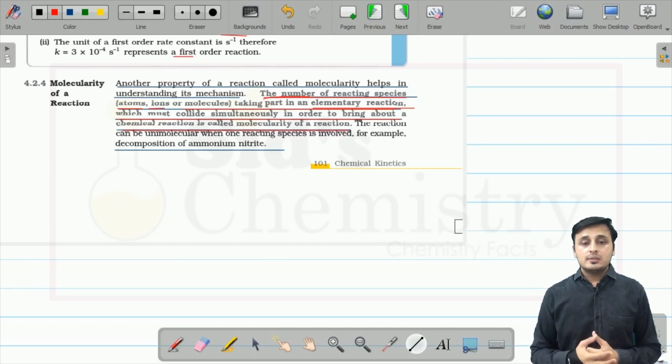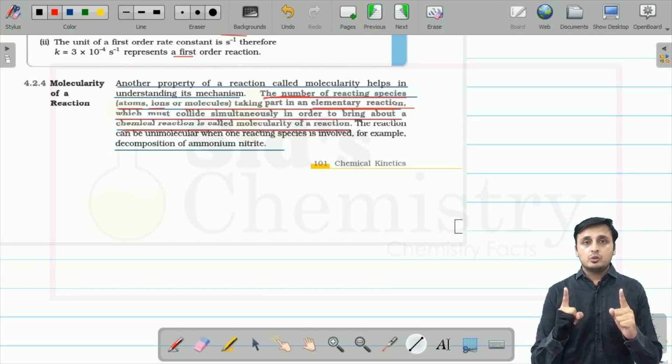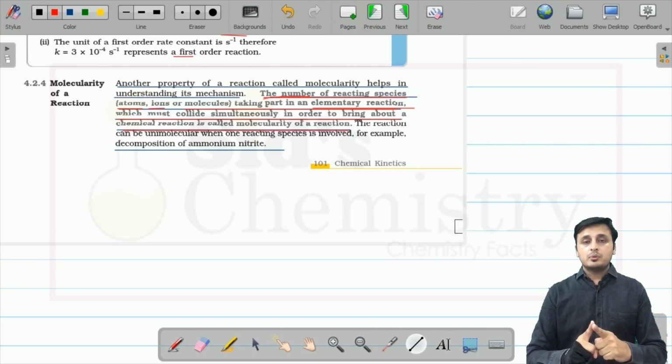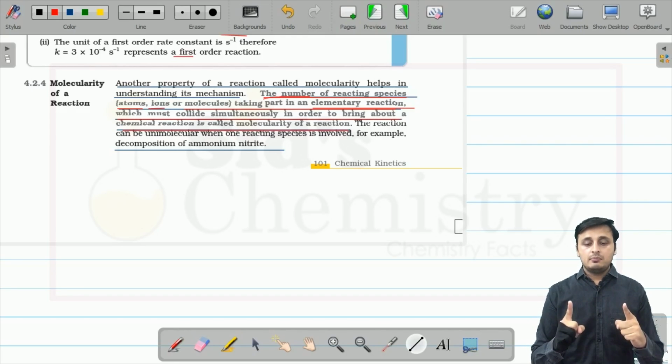Now what is collision? When reactant molecules, for example two atoms or two species are given, and they collide with each other, they will form some product. That is part of the elementary reaction. मतलब इसके बीच में कुछ हुआ ही नहीं है. A and B collided and product is formed. That's it.